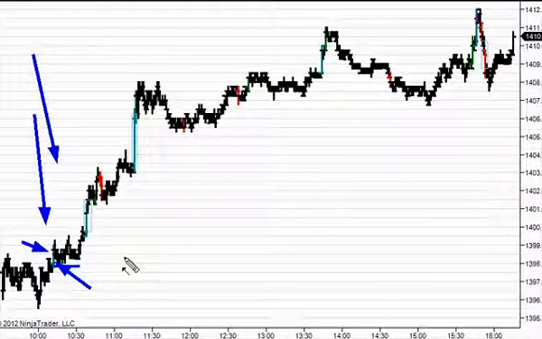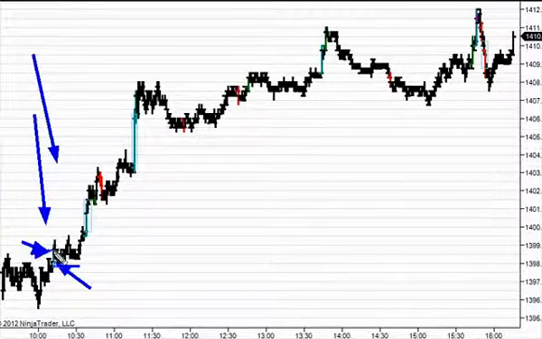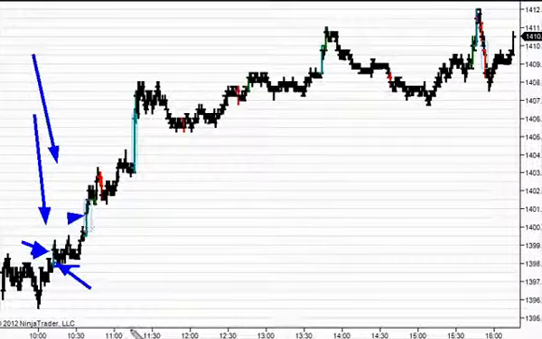However, if the short-term structure is in opposition to that bias, and in this case it's showing us that buyers are in control and that continues higher, I either want to stay away or I'm going to defer to that short-term bias. Ideally, I'd like to be in line with the bigger picture bias, but I'm certainly going to defer to what's going on right here, right now, and that's what this software and these relative aggression bars do very nicely for you.